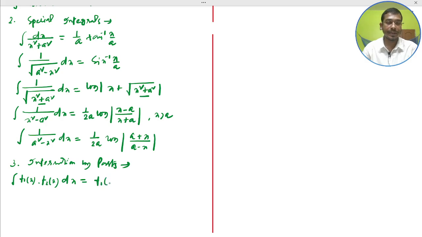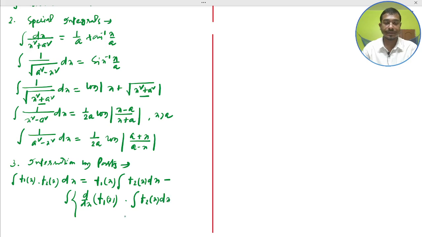First function fixed, f1(x), into integration of the second function, that is integration f2(x) dx, minus integration of the differentiation of the first function, d by dx of f1(x), into integration of the second function, f2(x) dx, the whole integration with dx.